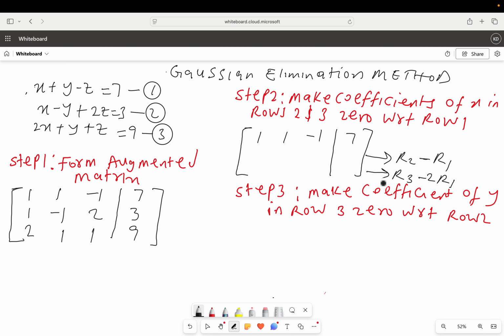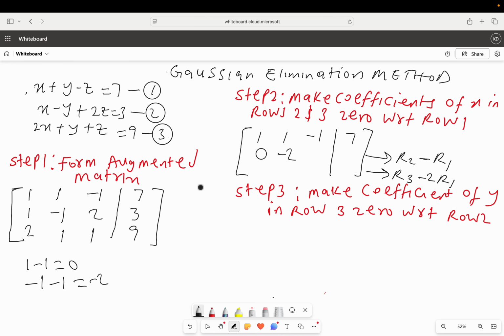If you look clearly, for the first element here, R2 minus R1 is 1 minus 1, which is 0. So I will put 0 here. For the second element, I will have minus 1 minus 1, so it will be minus 2. So I'll have minus 2 here.